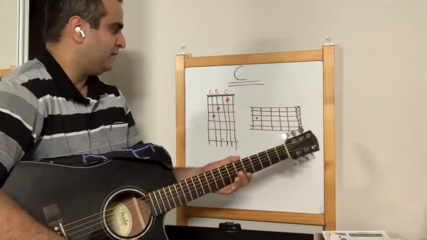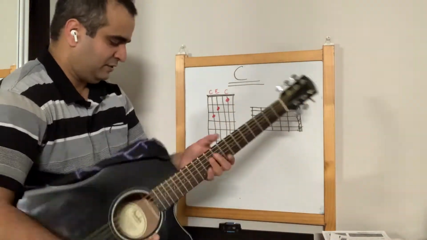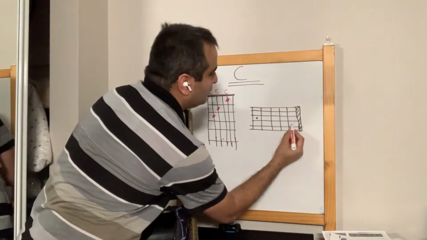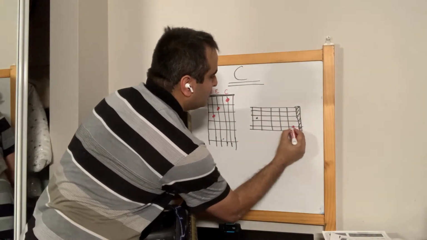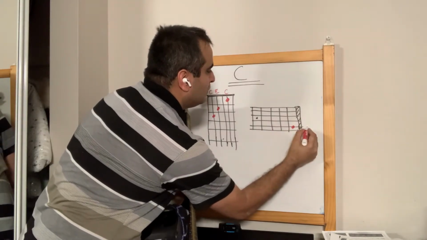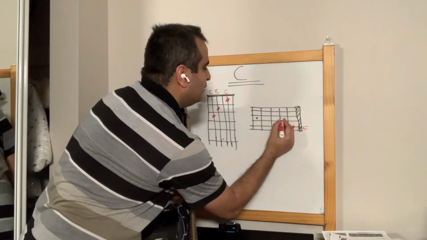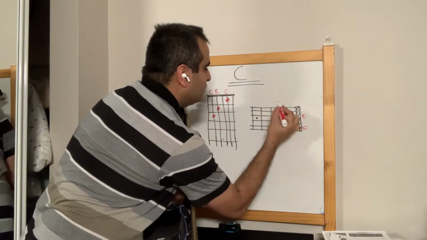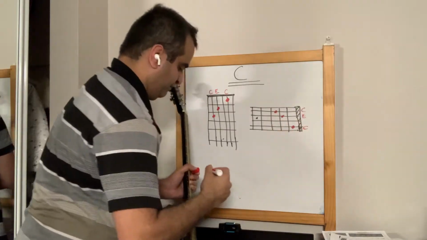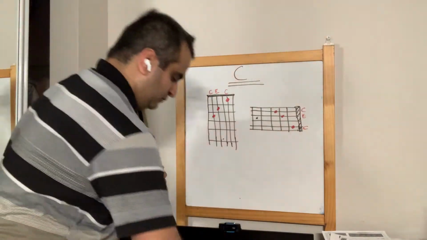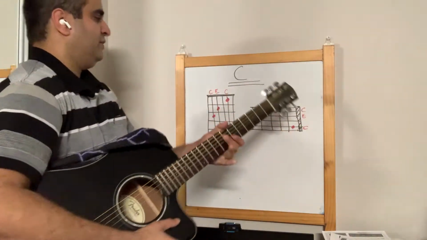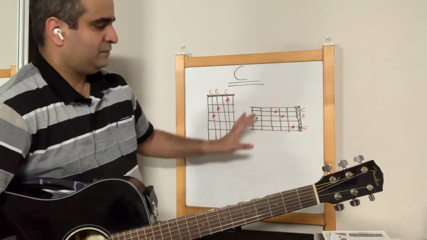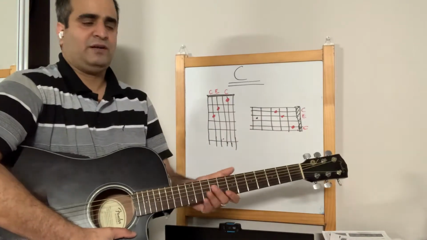So this is my guitar. So imagine this, let me write this note here as well. C, and then fourth string, second fret, which is E, and fifth string, third fret, which is C. So this is the position I'm holding right now.